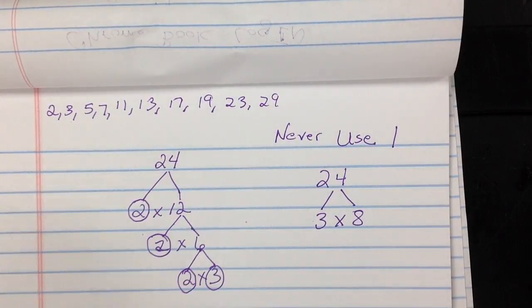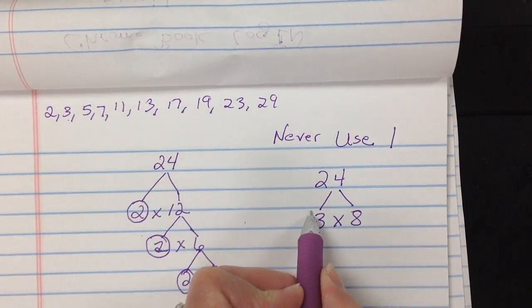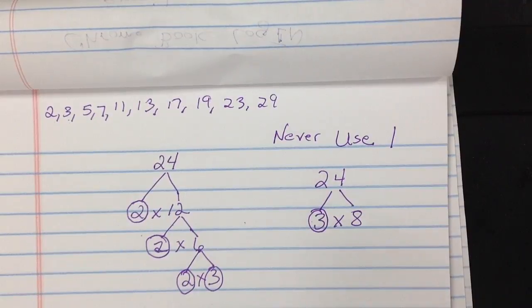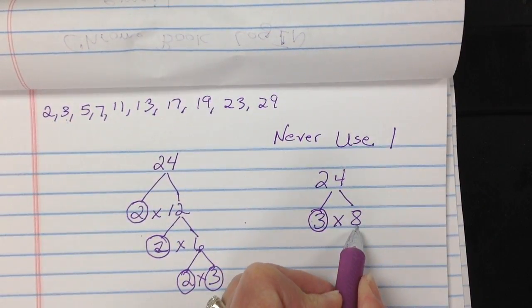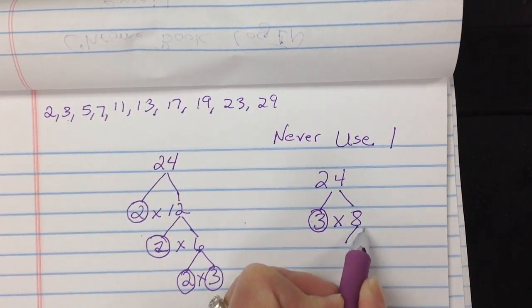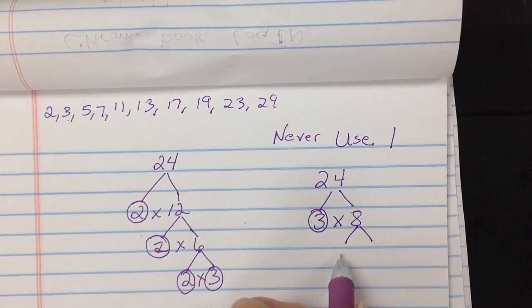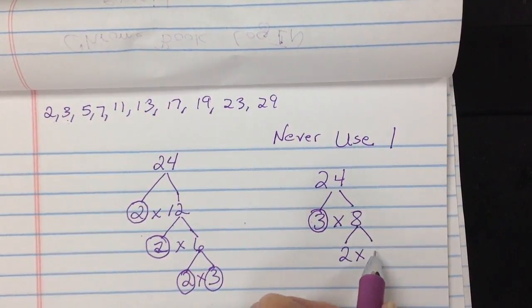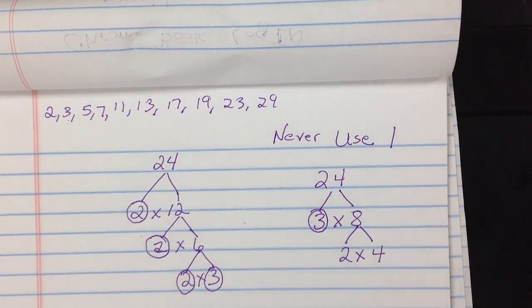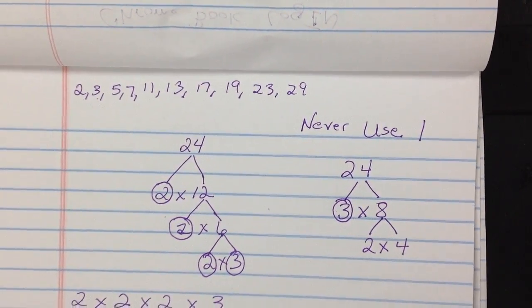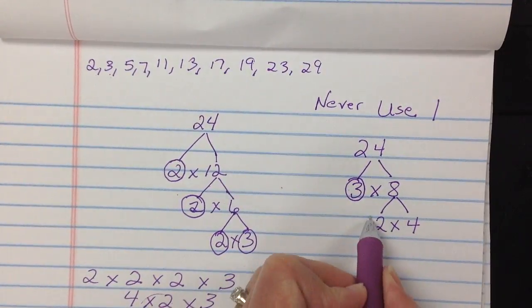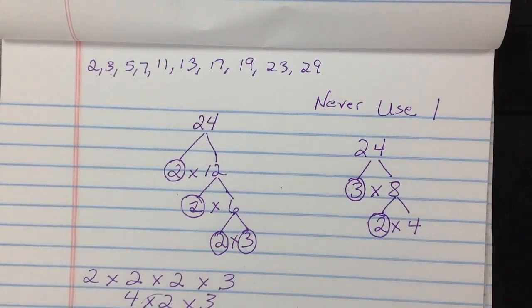And 3 is prime. It's one of our prime numbers. Is 8 prime? Nope. It's even, so I know 2 is going into it. 2 times 4. Now I know 2 is prime. It's the only even prime number, so I'm going to go ahead and circle it. Is 4 prime?